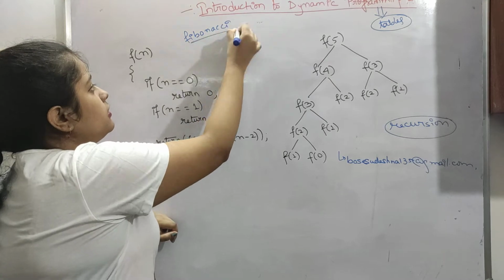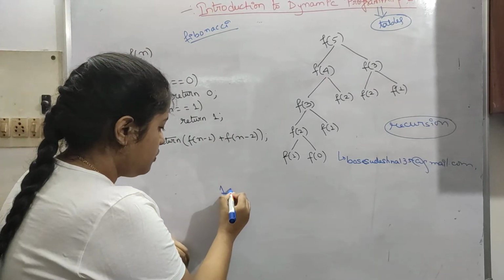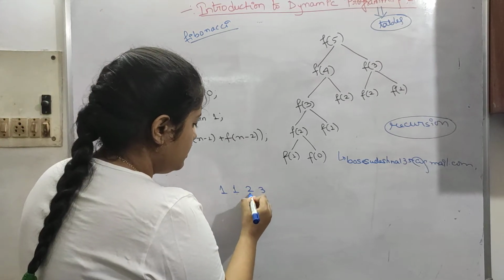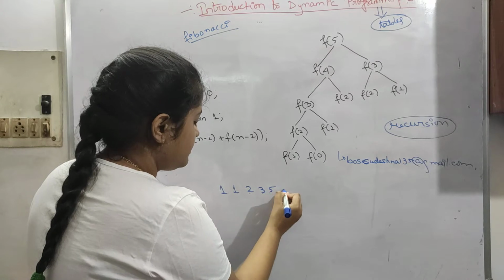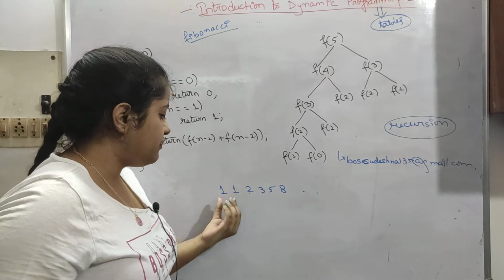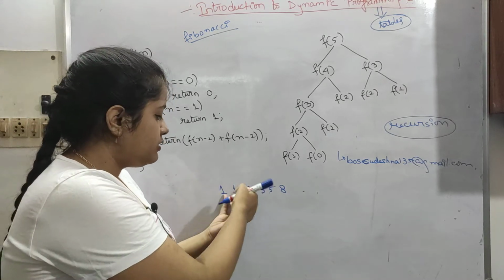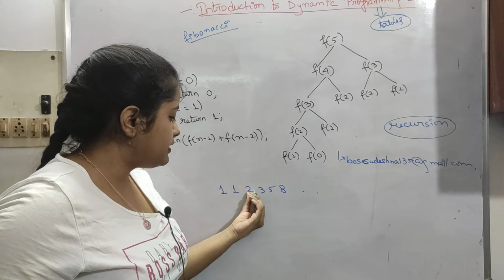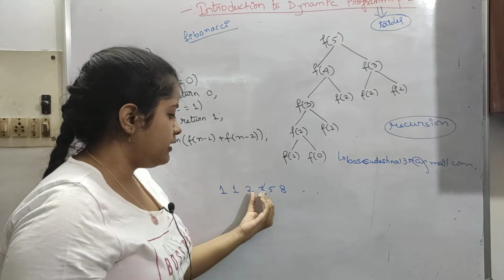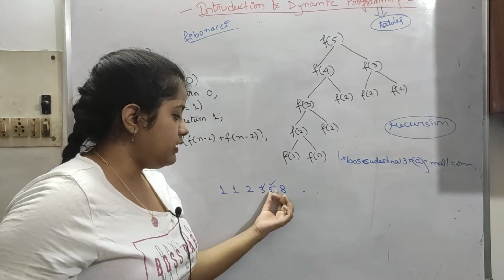this algorithm for the Fibonacci series. The Fibonacci series, I hope you know: 1, 1, then 1 plus 1 is 2, then 2 plus 1 is 3, then 2 plus 3 is 5, 3 plus 5 is 8, like this. It will go on. It starts with 1, 1, then the previous two are added, so 3, then 5: 2 and 3 are added and it comes as 5.